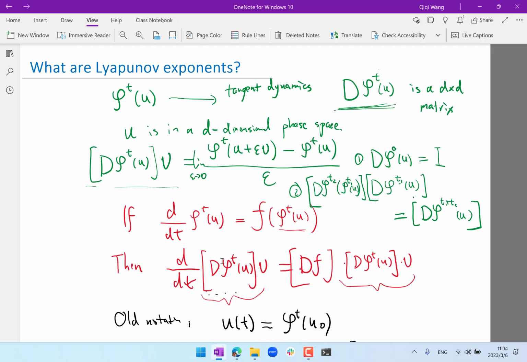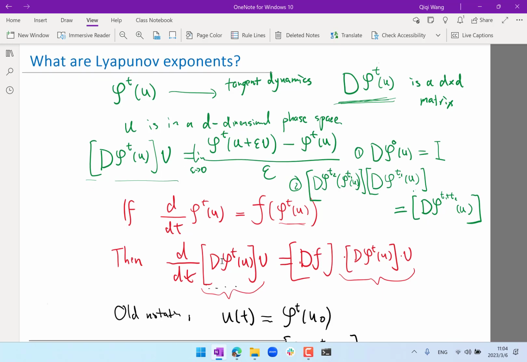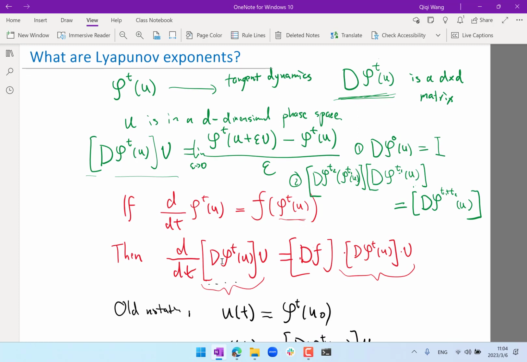So last time we started talking about Lyapunov exponents, right? And we introduced the definition of Lyapunov exponents, which is essentially if you follow a dynamics, the Lyapunov exponent determines the rate of growth of a small perturbation.